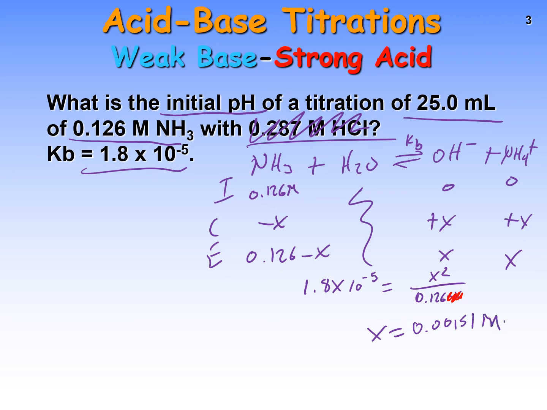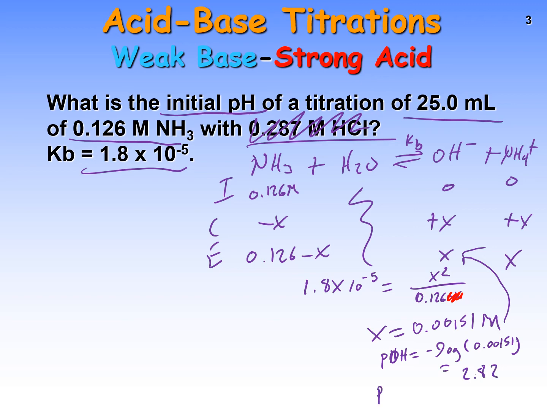Now x is equal to the OH- concentration. So if I take the negative log of that, I get pOH equals negative log of 0.00151, which is equal to 2.82.